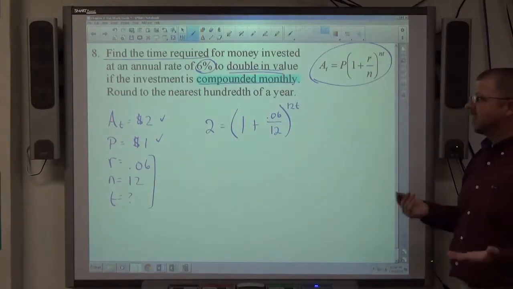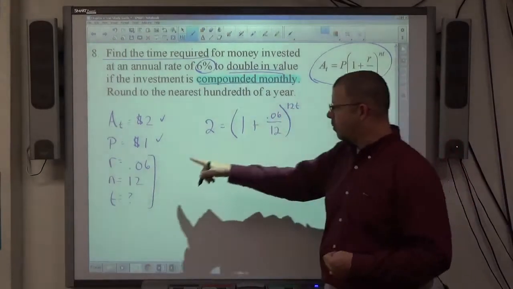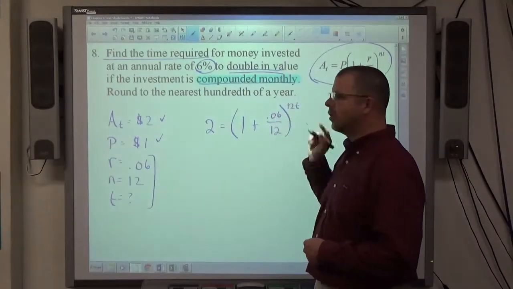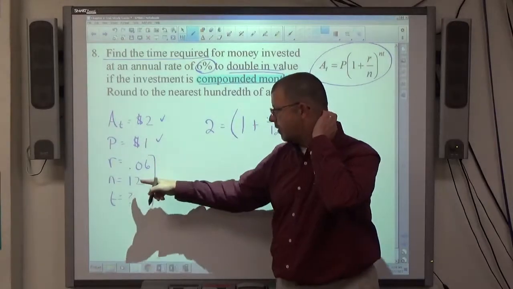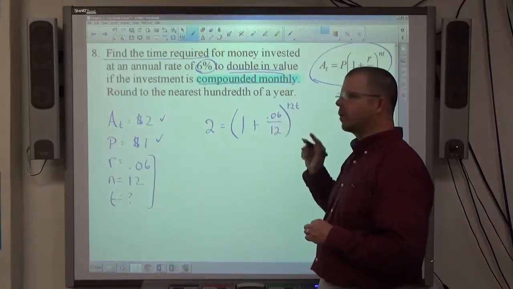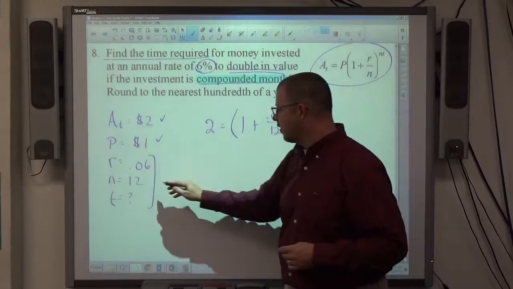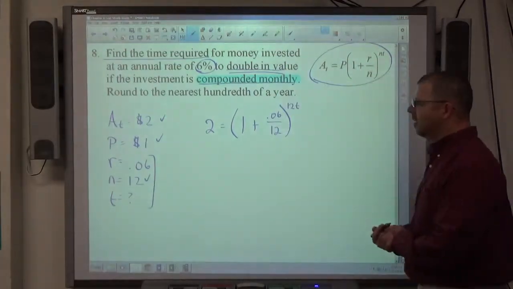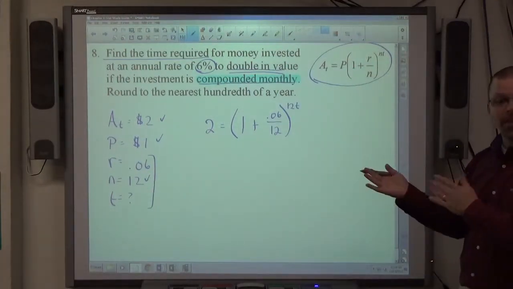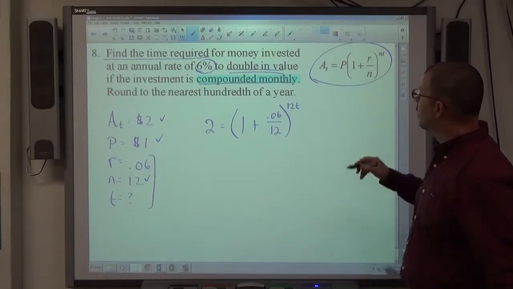Okay. If I said semi-annually, n would be 2, 0.06 over 2 to the 2t power. If I said quarterly, n would be 4, 0.06 over 4 to the 4t power. So I'm not guaranteeing that this is going to be 12 on the test. It probably will be compounded in some way that isn't continuously, though, so it'll work like this one does.